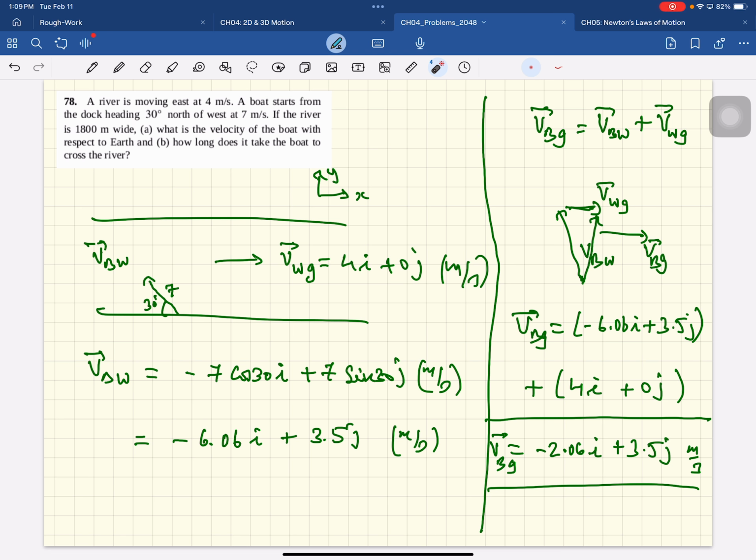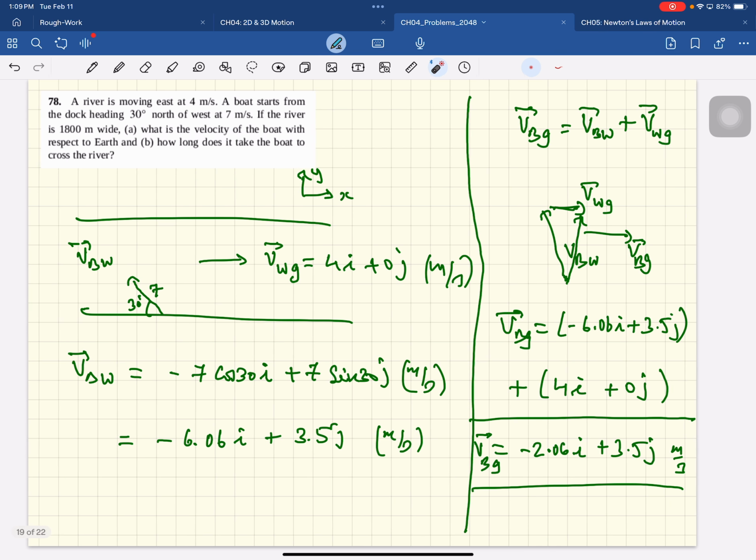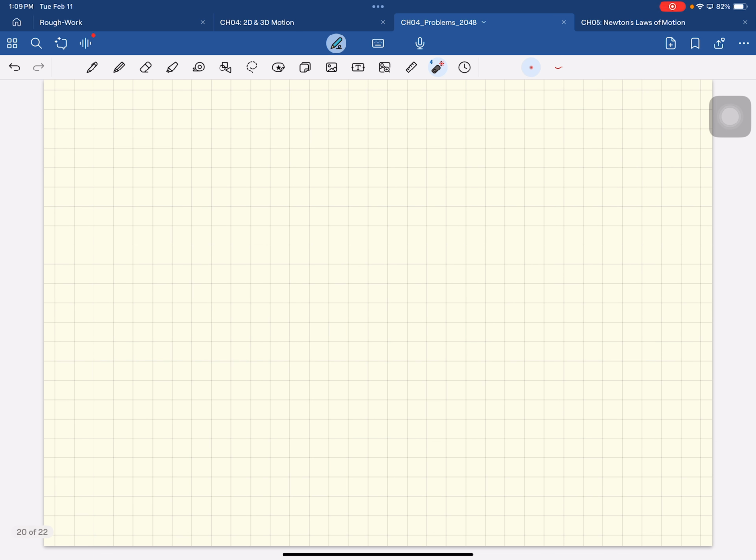Okay? So we'll look at the y motion. Do you guys understand that? All right, so let's look at the y motion, because the crossing of the river is happening in the y direction. Okay, is the boat accelerating?